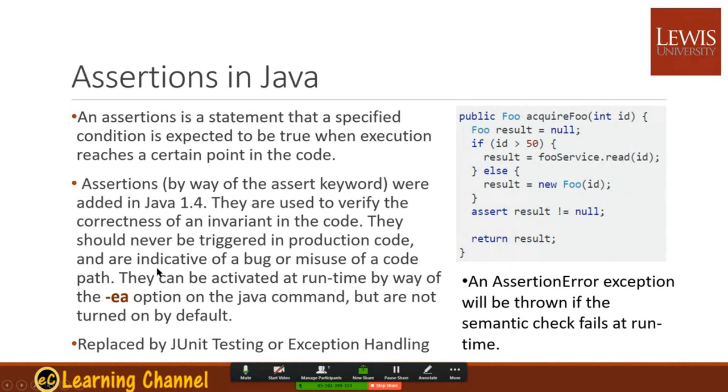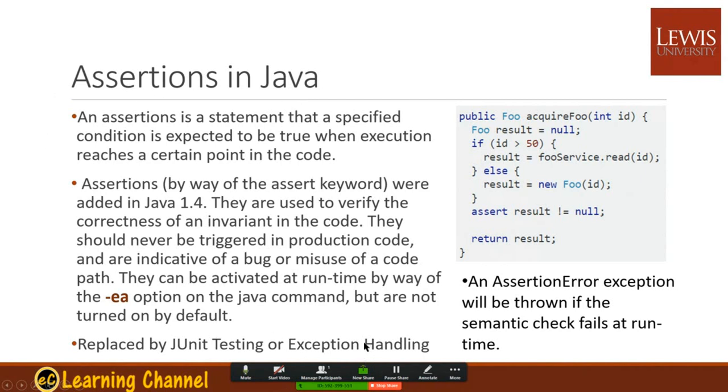But this assertion for debugging has already been removed or become almost obsolete because it was replaced by the exception handling routine. And we actually have JUnit to do testing, so it is no longer required to put in those assertions. And assertion right now is actually a bad idea. So programmers should learn how to use unit testing and the exception handling mechanism instead of using assertion.